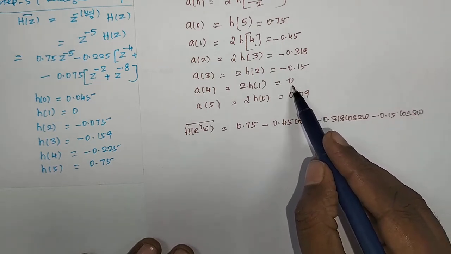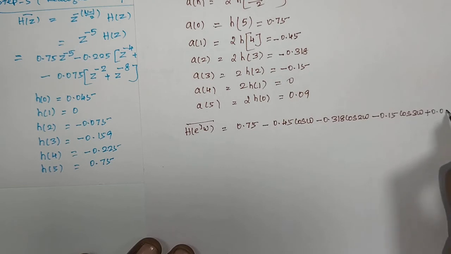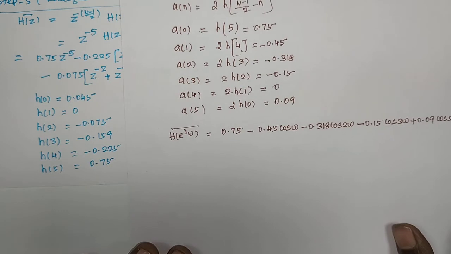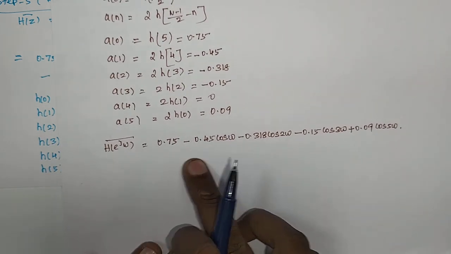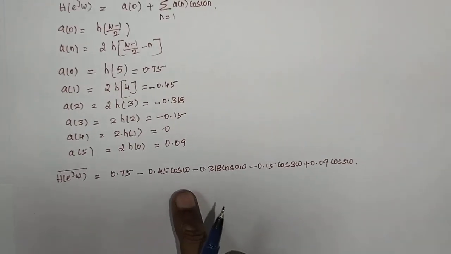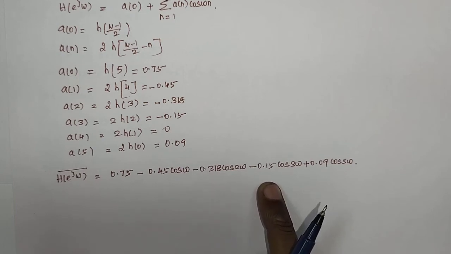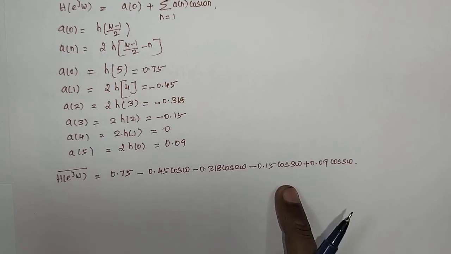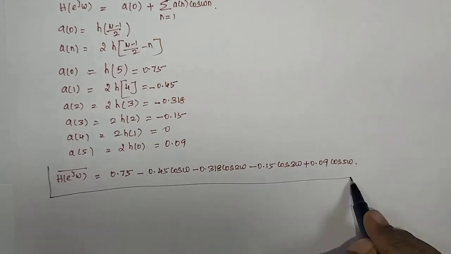For n is equal to 4, it is 0. Then plus 0.09 cos 5 omega. So 0.75 minus 0.45 cos omega minus 0.318 cos 2 omega minus 0.15 cos 3 omega plus 0.09 cos 5 omega.